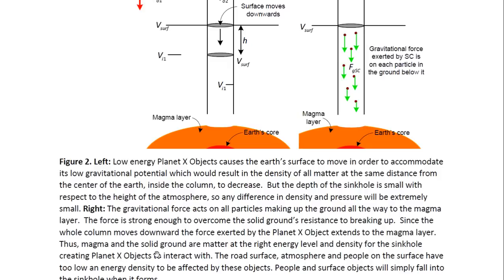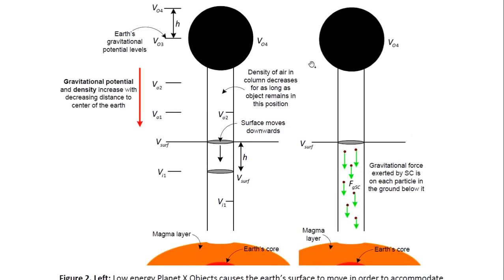And so the magma and the solid ground are met at the right energy level and density for the sinkhole creating Planet X objects to interact with. In other words, this object interacts with the magma below the surface and the solid ground above the magma, but it doesn't interact with material on the surface or above the surface.